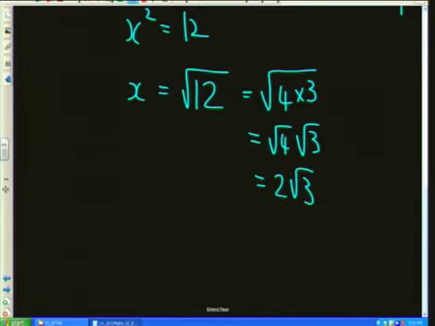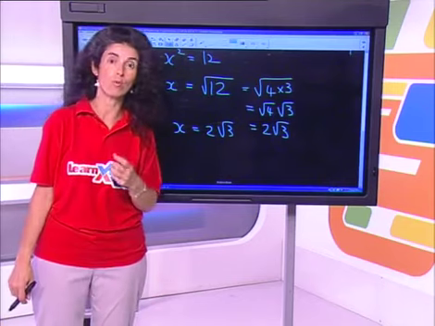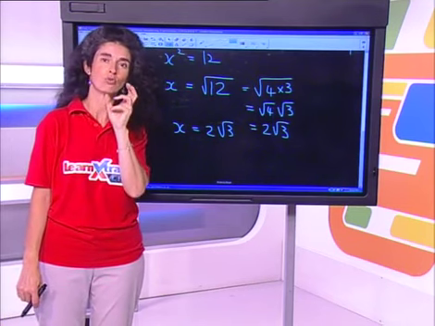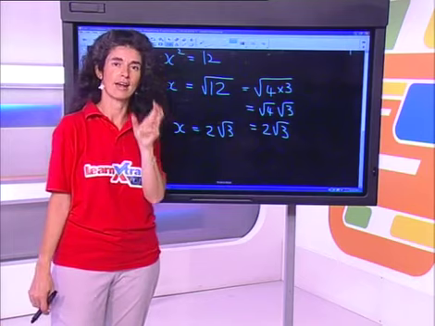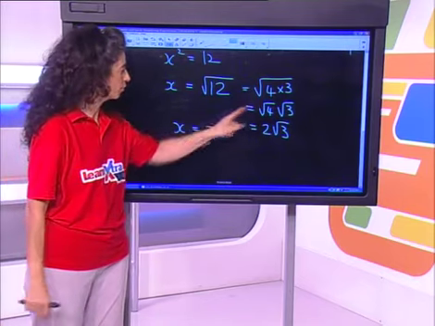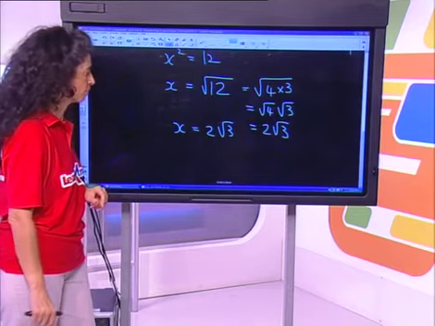And this version of root 12, where part of the number is rational and part of the number is irrational, is what we call a simplified surd form. To get a surd into its simplest form means you're going to rewrite the number without any perfect squares in them, because the perfect squares become rational, and that makes it into simplest surd form.